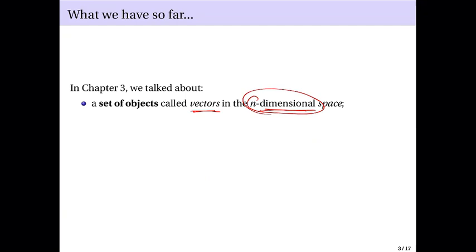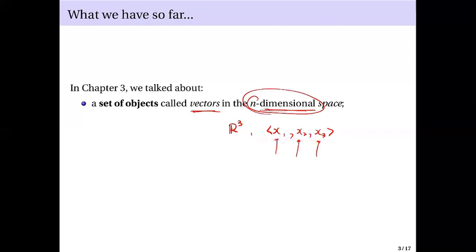For example, in R3, the vectors will be of the form x sub 1, x sub 2, and x sub 3. So there are 3 components here: the first component, the second component, and the third component. All other vectors in R3 have this form.